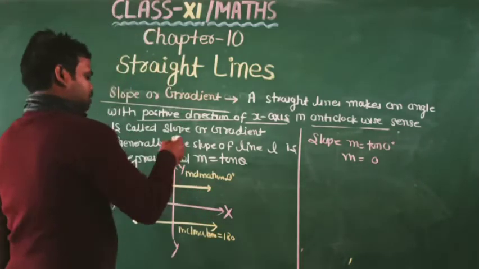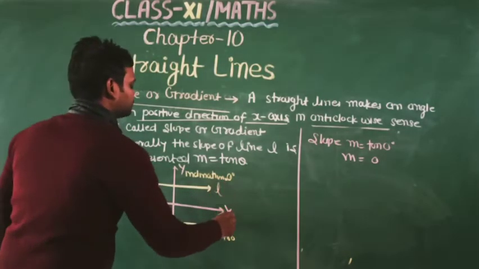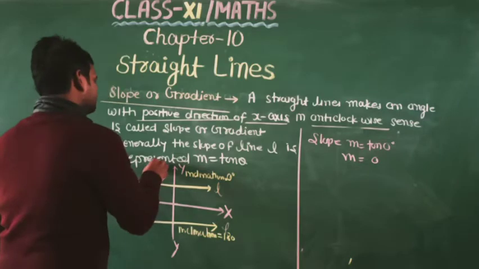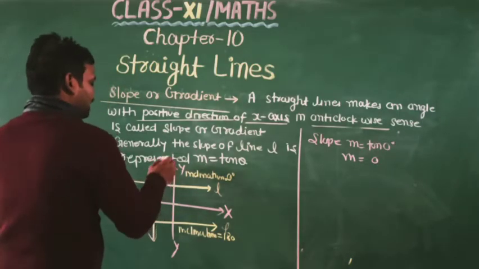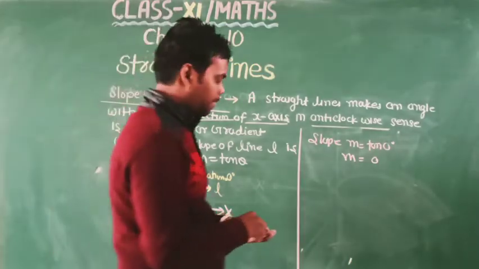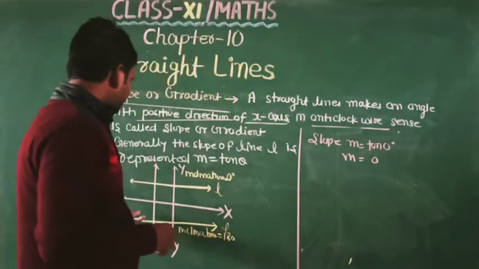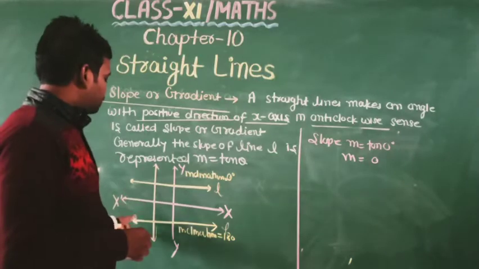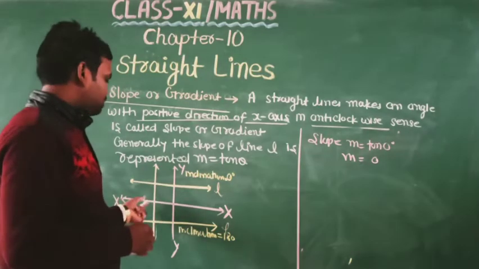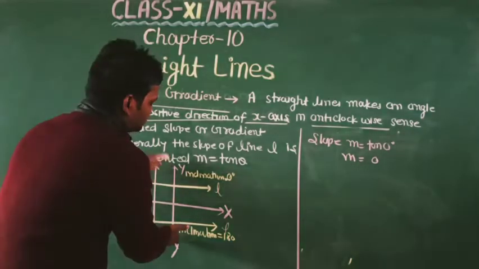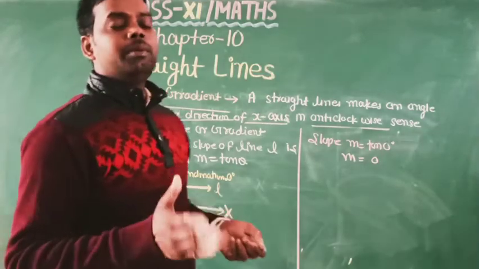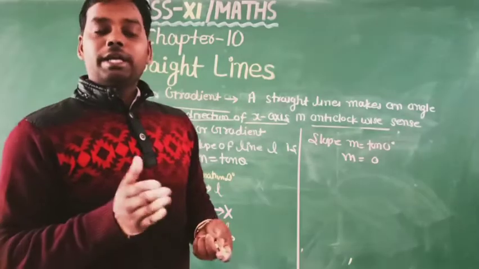But when the line L is parallel to y-axis or lies on y-axis, in this case the angle between them is 90 degree.